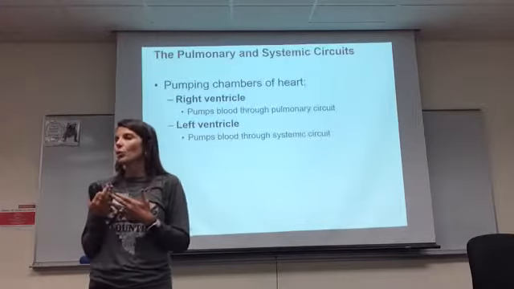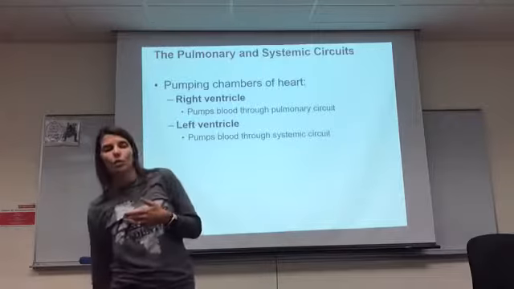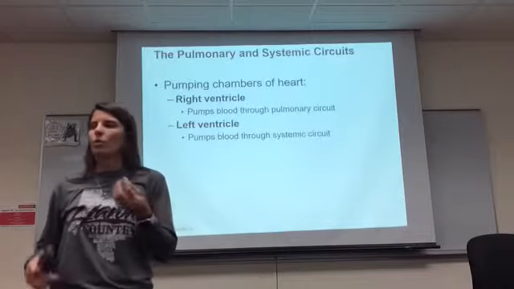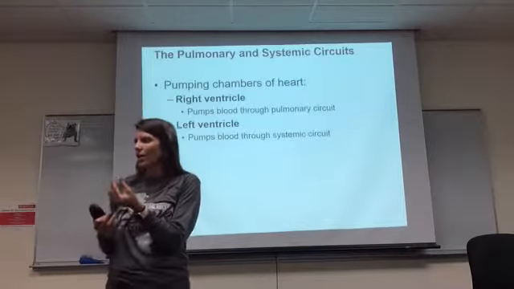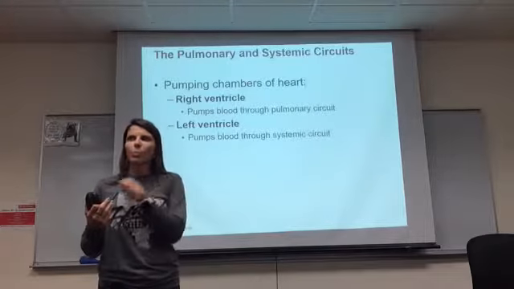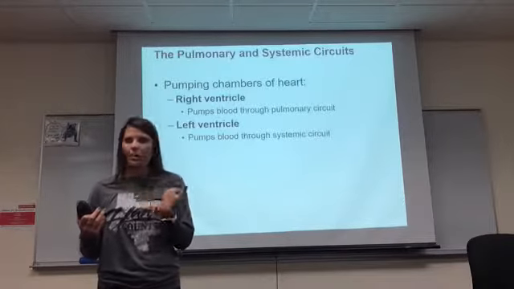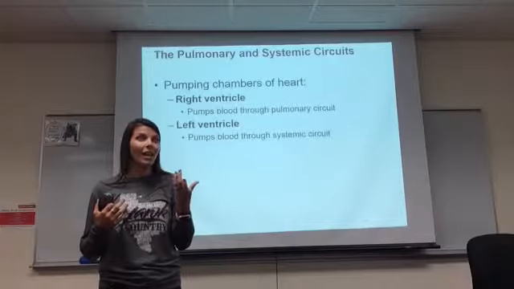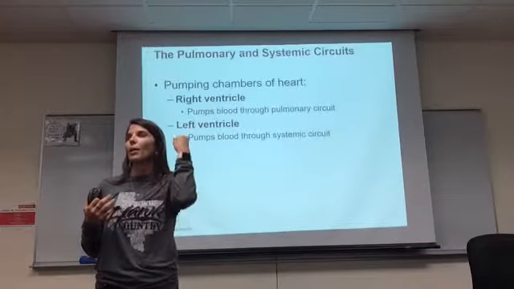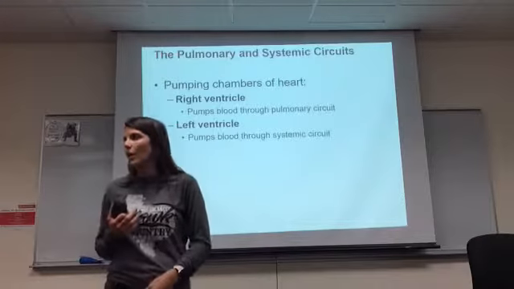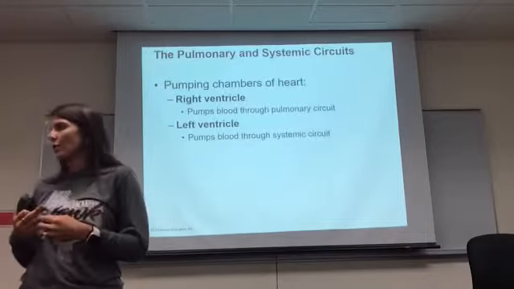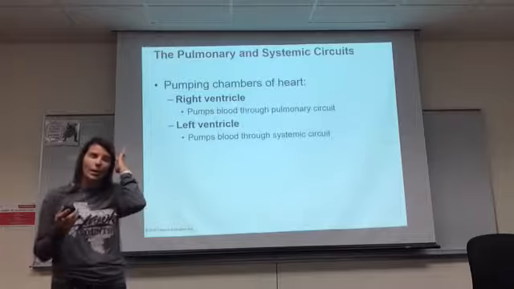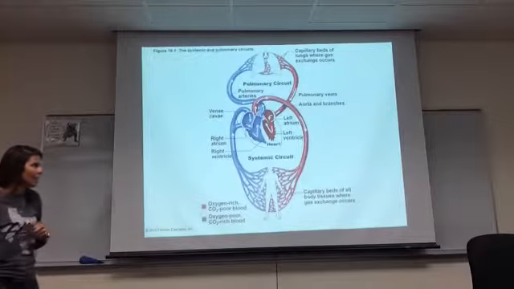When you compare the two side by side and you do your heart dissection, you'll see that the right ventricle, although the layer of muscle is there, is thinner, because it's only propelling blood a short distance, pretty localized. Whereas the left ventricle has a really thick muscle, because it has to shoot that blood up through the aorta into the rest of the body. So, that also impacts the shape of the heart and the direction in which it points, which we'll discuss.